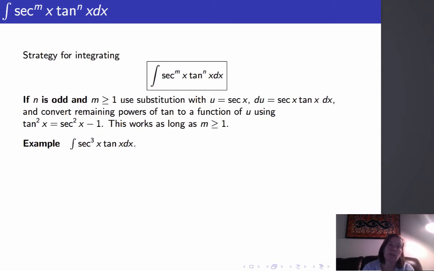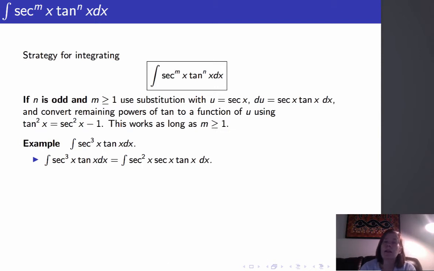We'll be left with an even power of tangent, and we can convert tan squared of x to secant squared of x minus 1. This is going to work as long as the power of the secant is greater than or equal to 1.